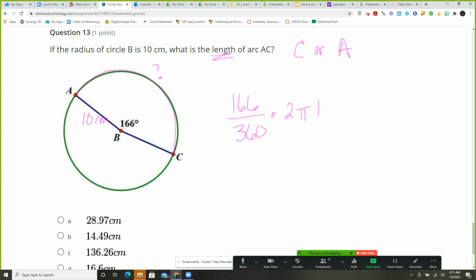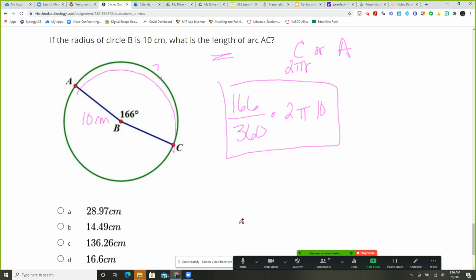Circumference. So 2 pi 10, because we're going to do 2 pi r. And then you just put all of that into your calculator: 166 divided by 360 times 2 times pi times 10. And voila! We have a correct answer.